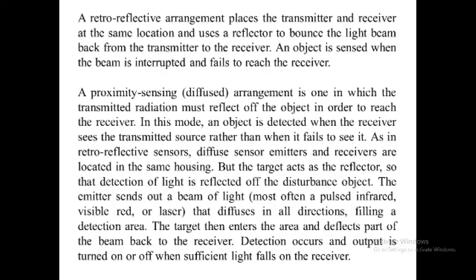In through beam sensing, also known as opposed mode, two separate devices are used to make or break a beam. One houses the light emitter while the other houses the receiver. A through beam sensor detects an object when the object interrupts the light beam between the two sensors.